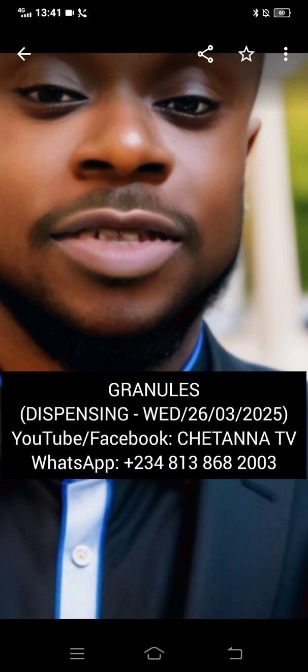That's what we're going to discuss in granulation. Granulation is the process of producing granules from powder. When we get there, we will explain how to achieve that. But the basic thing I want you to understand is that granules are powders agglomerated to form large free-flowing particles.